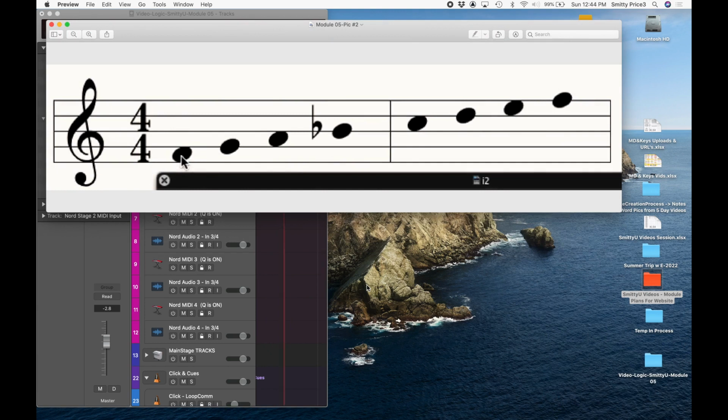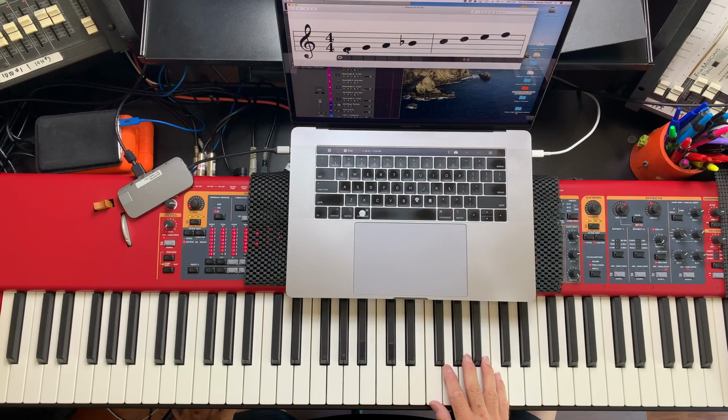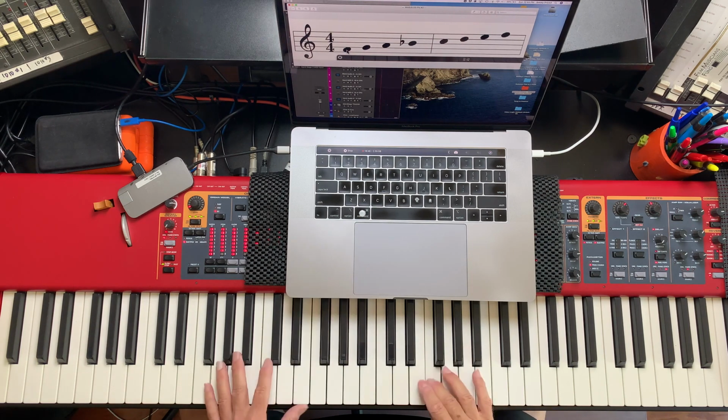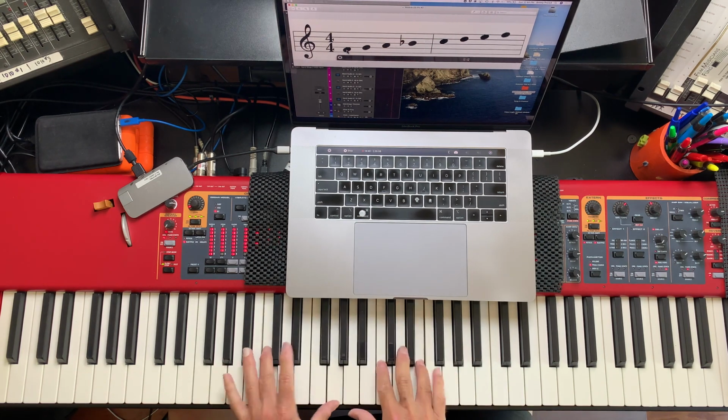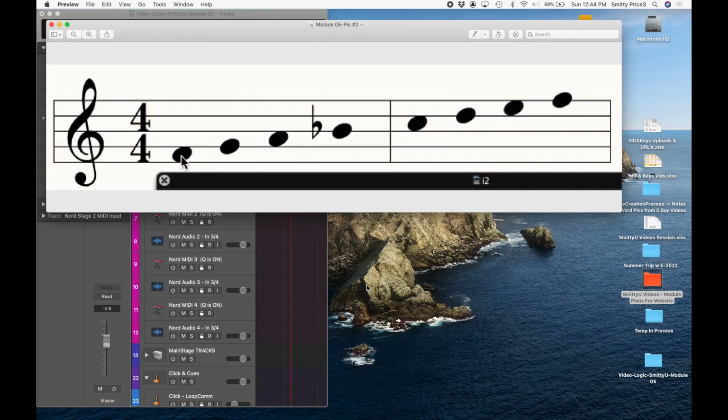So now continuing on in a little bit of review, here is that F scale. Using the combination of whole steps, here's the F. We're in this key. So here is the F that I'm playing right there. And then we go up a whole step to G, whole step to A, and here is our half step to the B flat.